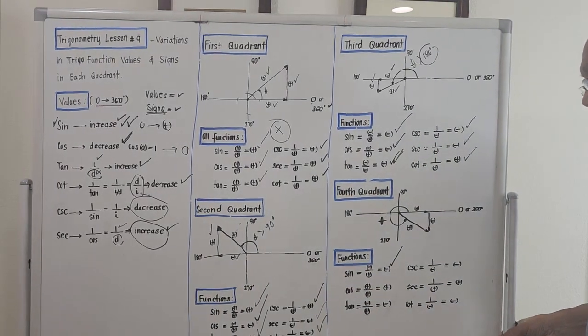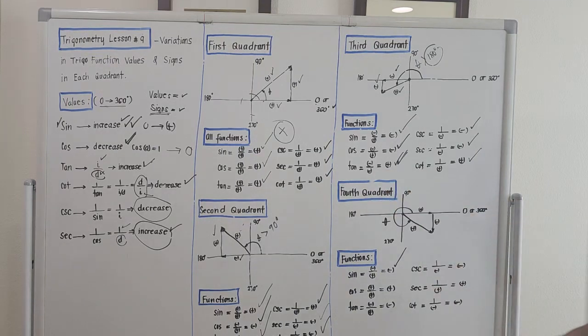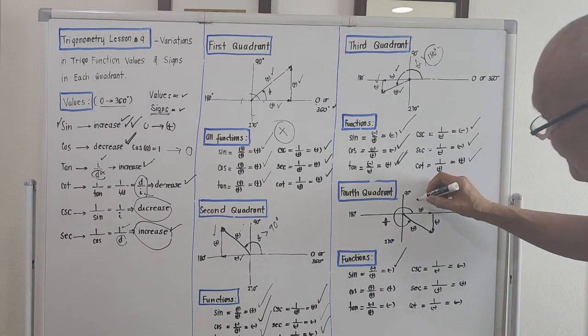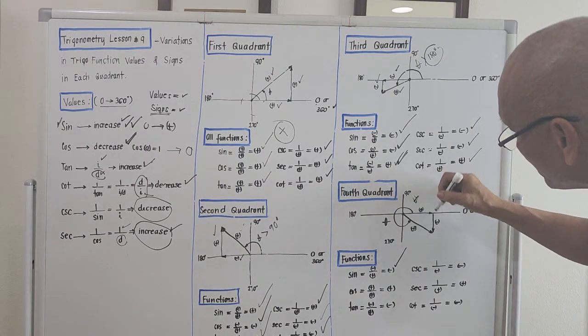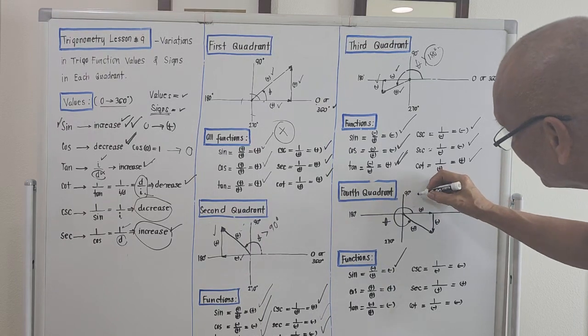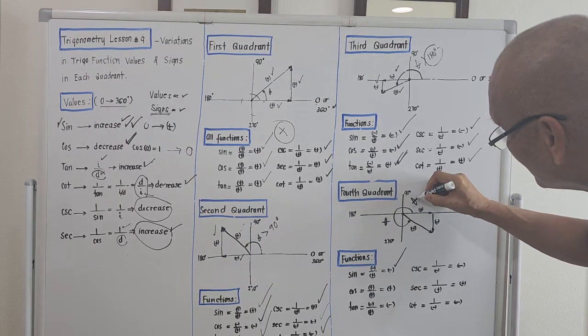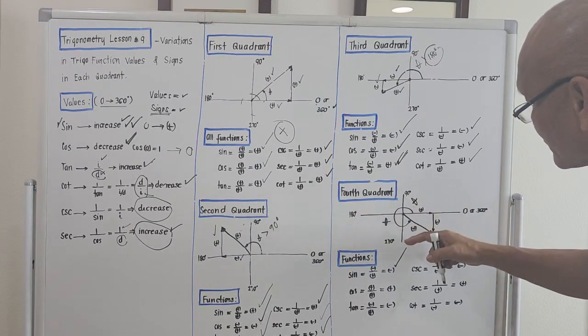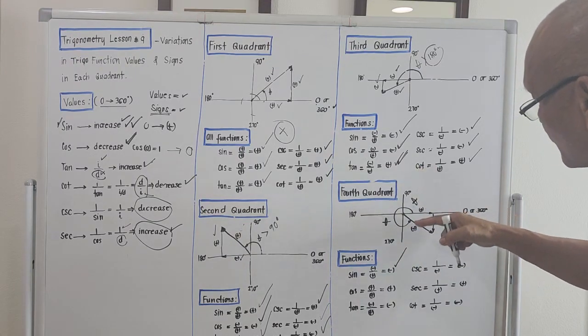Okay, the last part. If the given vector falls under the fourth quadrant, meaning theta will be greater than 270, because 3 complete quarters will be 270. 90 times 3 will be 270.